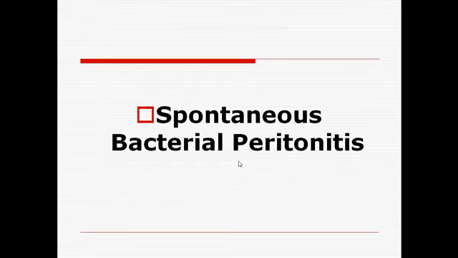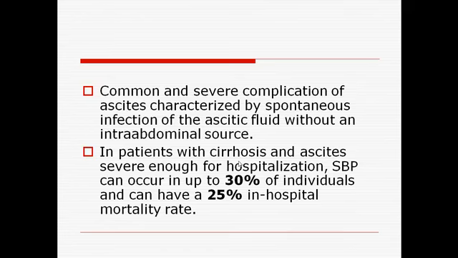Spontaneous bacterial peritonitis. You find a CLD patient with fever, abdominal pain, and other septicemic features. What may be the cause? The cause may be spontaneous bacterial peritonitis. It is a common and severe complication of ascites characterized by spontaneous infection of ascitic fluid without an intra-abdominal source.